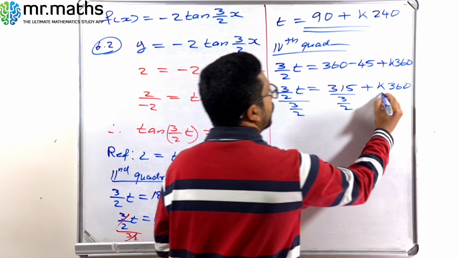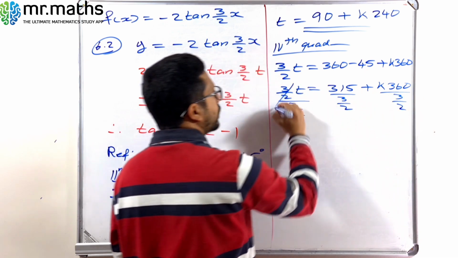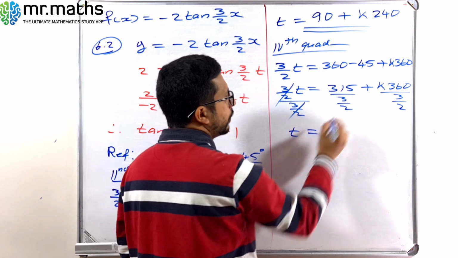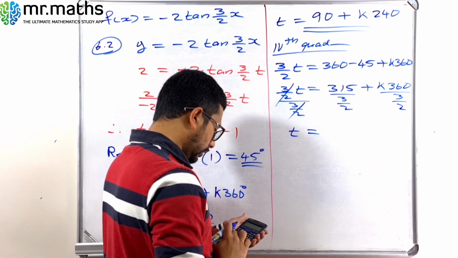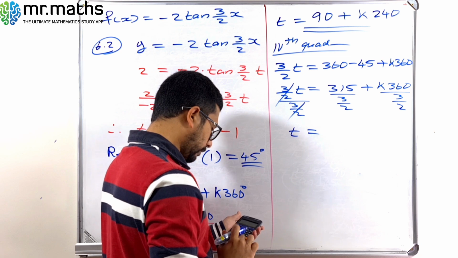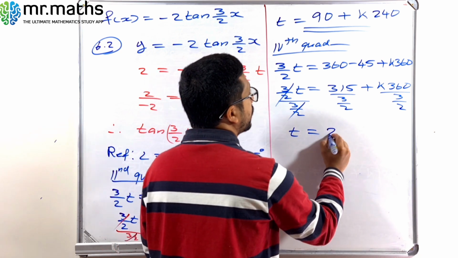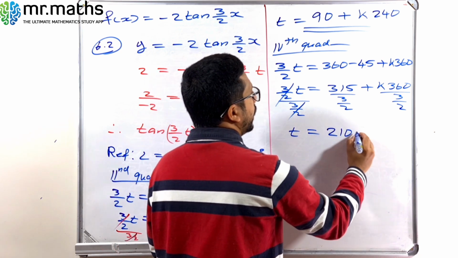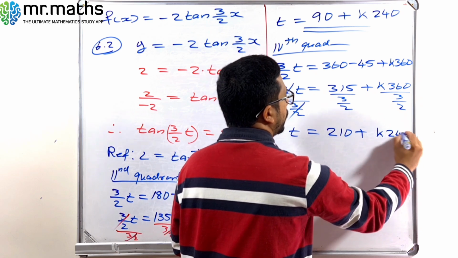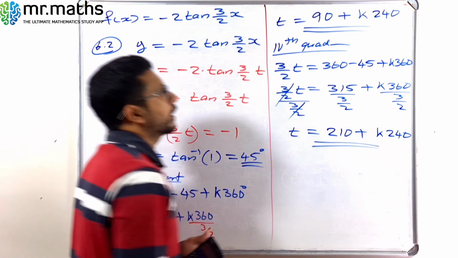This 3 over 2 and 3 over 2 cancel. So remaining is t equal to 315 times 2 divided by 3, which is 210, plus k 240, the same thing. So this is the second answer.